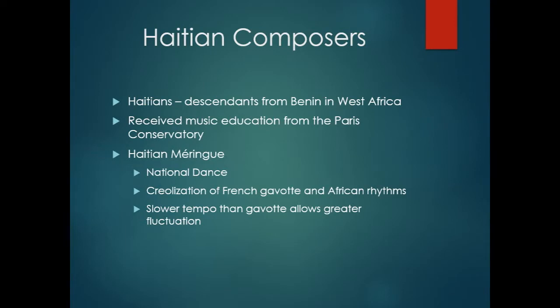The Haitian meringue is the national dance for Haiti and is a creolization of the French gavotte and African rhythms. And also the tempo of the meringue is slightly slower than the gavotte. So this slower tempo actually advocates for more fluctuation.